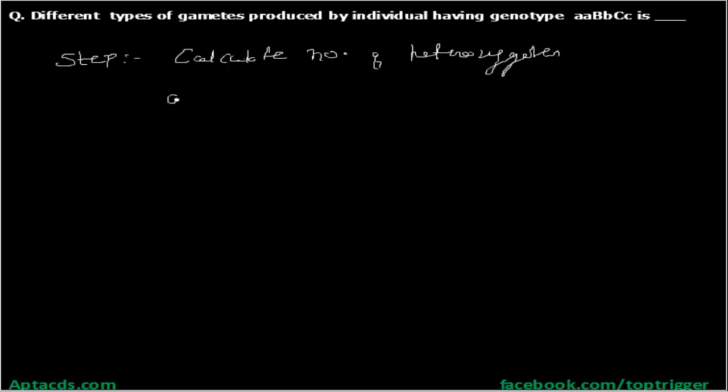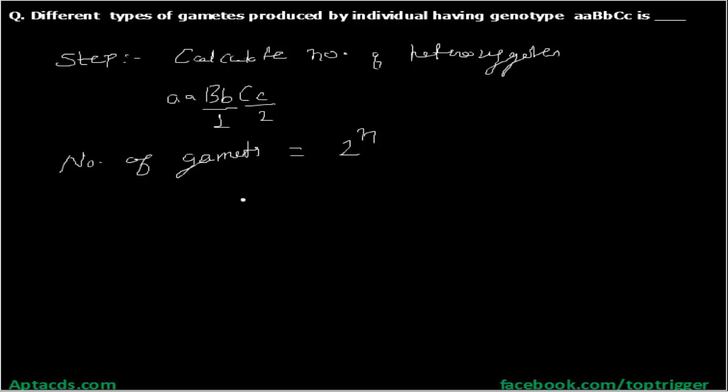In the given genotype, that is AA, capital B small b, capital C small c, the number of heterozygotes is equal to 2. This is the one heterozygote, this is the second one. And we know very well that the number of gametes for any given genotype is equal to 2 to the power n.